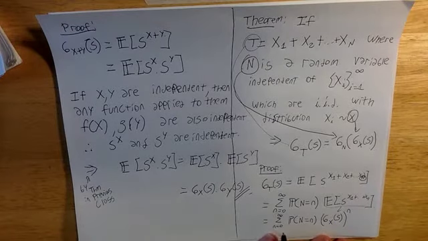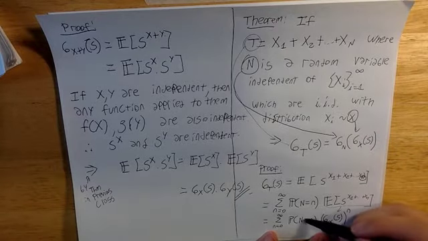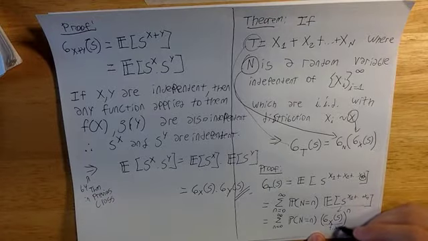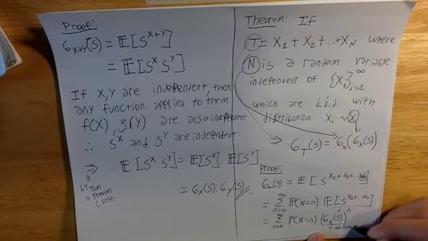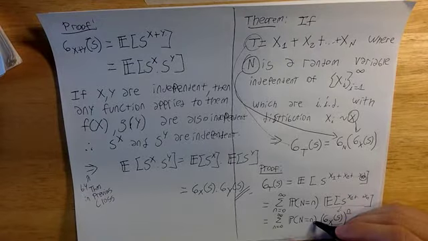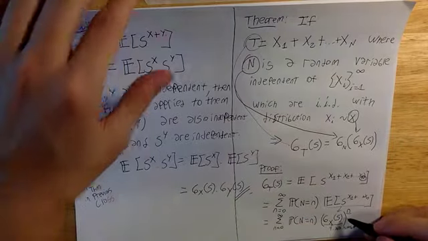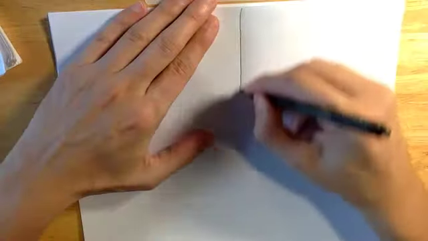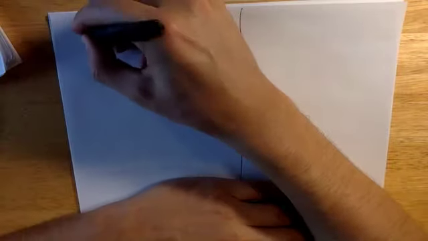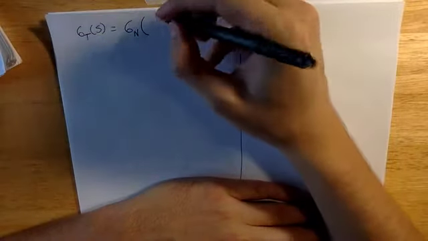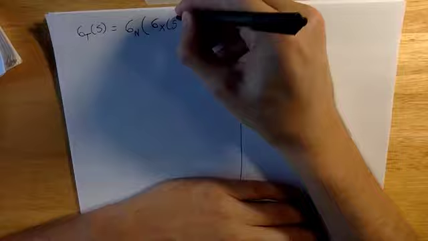So what we are realizing is this is the expectation of, if we think of this now as a fixed number which we are exponentiating to the n, this thing here is the generating function of capital N. So what we get is that G_T of s ends up being G_N evaluated in G_X of s.